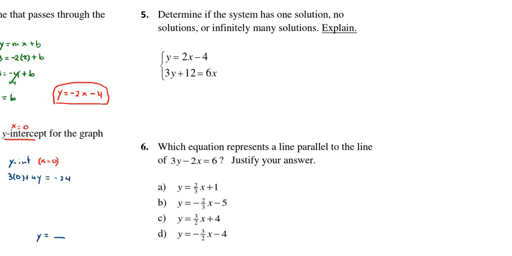In exercise number 5, it says determine if the system has one solution, no solutions, or infinitely many solutions. Explain. Notice that nowhere it says graph, and we don't have the graph paper provided in order to graph this.